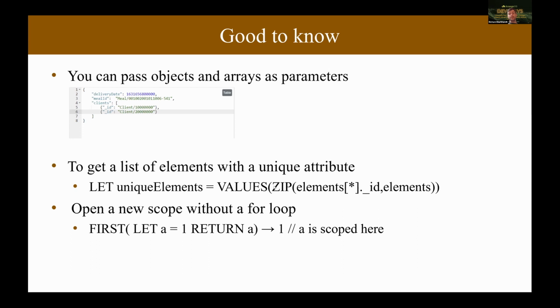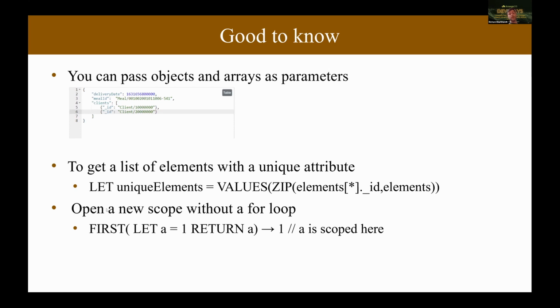And zipping them together will make the trick. And in the end, you only want the values, so you can take the zip result and return it into an array.